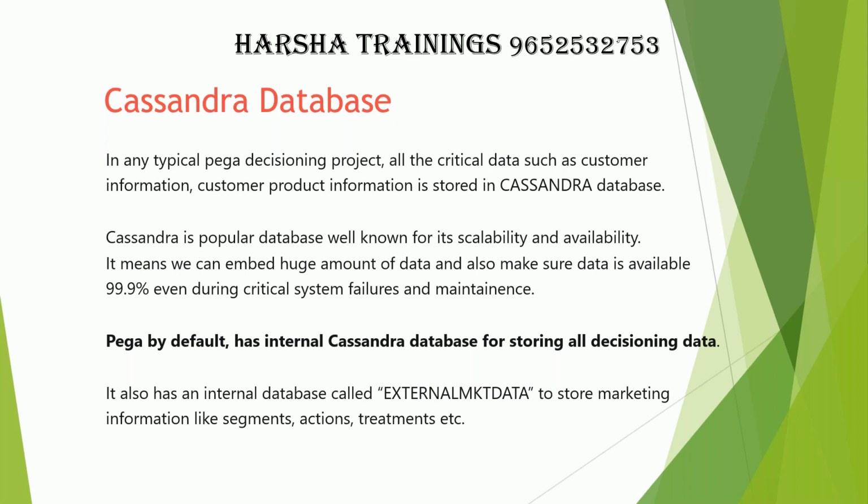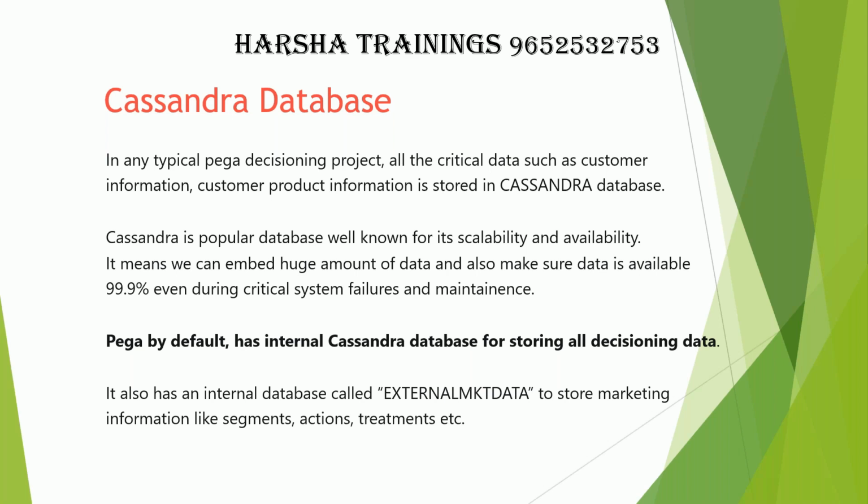Availability means the database is not down, database is not corrupted. So 99% of the time it is known to be available. So for these two major important reasons, Cassandra database is considered by PEGA for decisioning purposes.